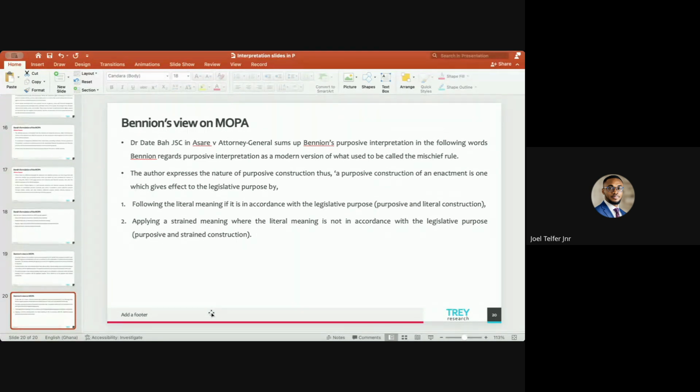And the goal of all that we have discussed this morning is to ensure that when you are faced with a text to interpret, your first instinct is to understand that the default view now in terms of approaching the interpretation, especially of statutes and constitutions, is to look at it in terms of a purposive approach.